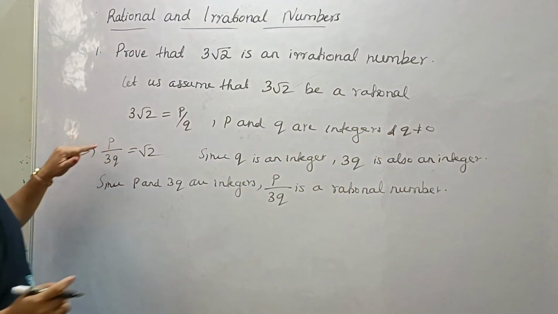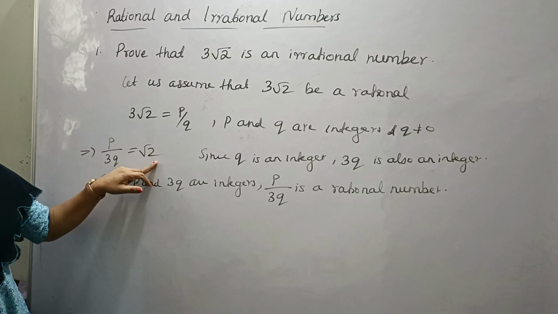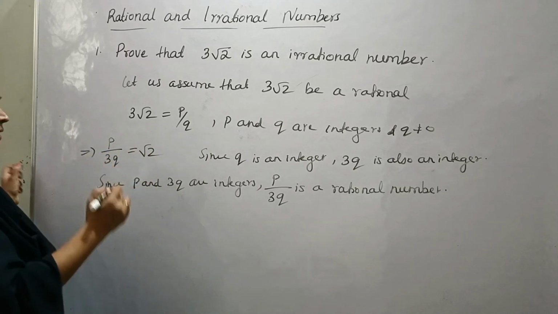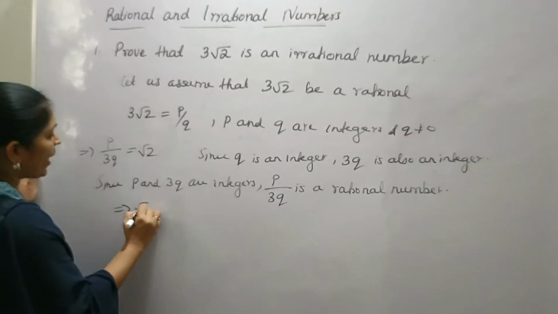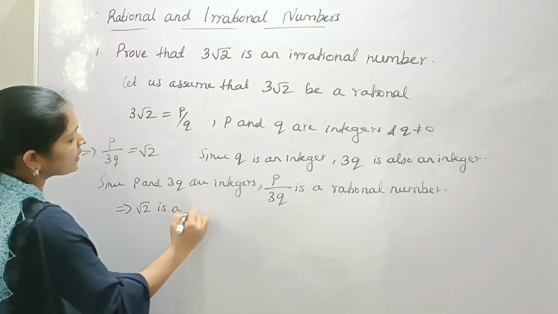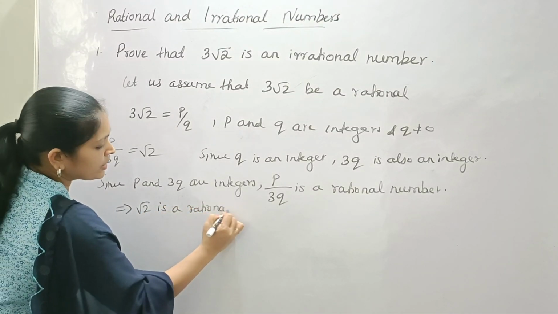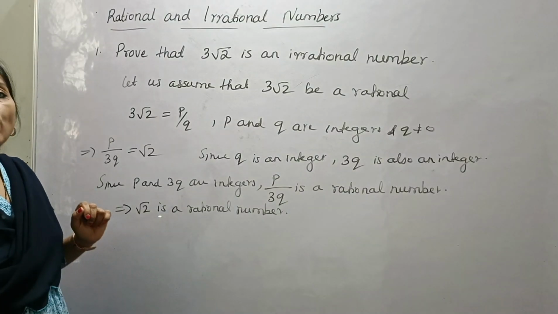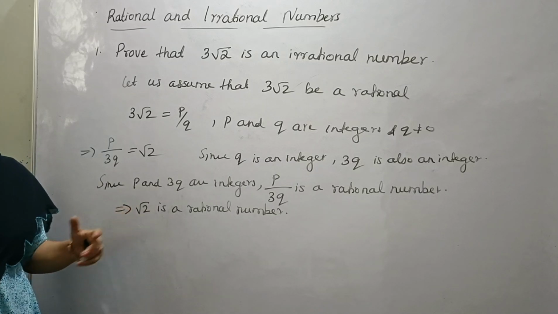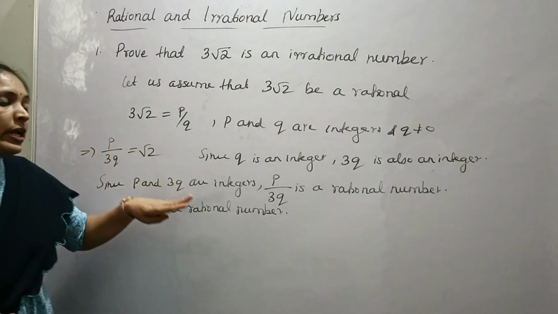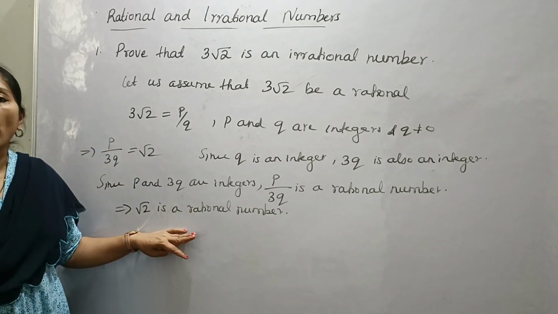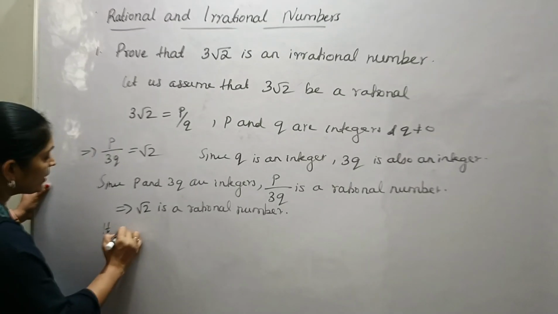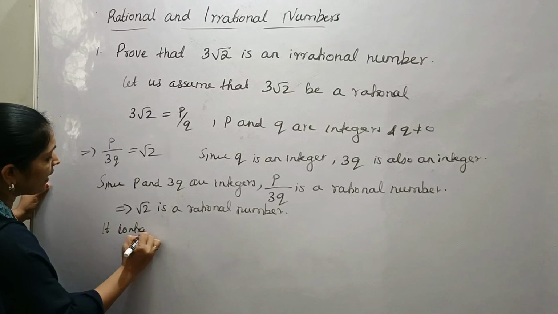That implies, since p divided by 3q is equal to square root of 2, that square root of 2 is a rational number. Is it true? We have already proved that square root of 2 is an irrational number. Therefore, it contradicts the fact that square root of 2 is an irrational number.